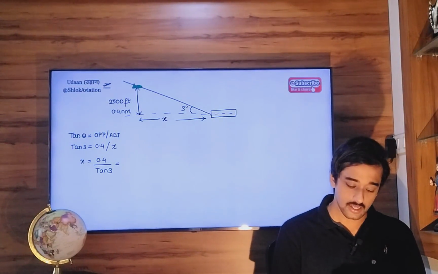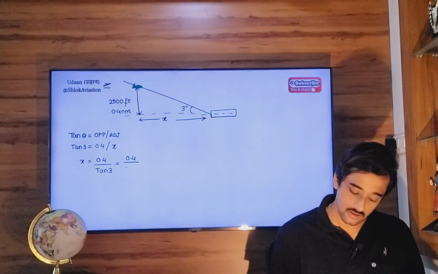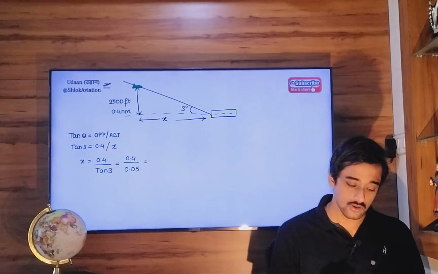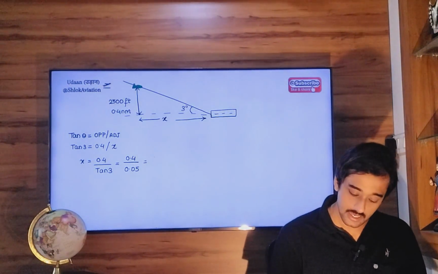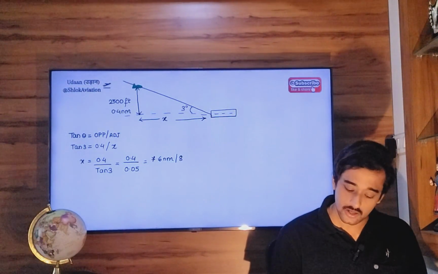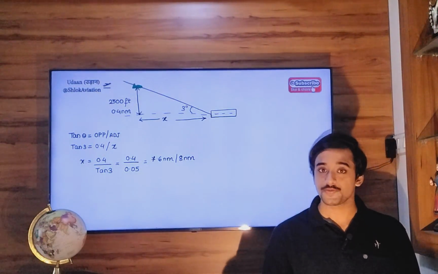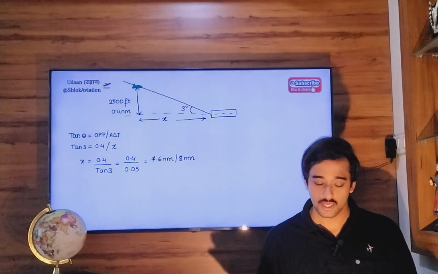Tan 3 is equal to 0.05. So x equals 0.4 divided by tan 3, which is approximately 7.6 nautical miles or 8 nautical miles. That means the aircraft is approximately 8 nautical miles from the threshold.